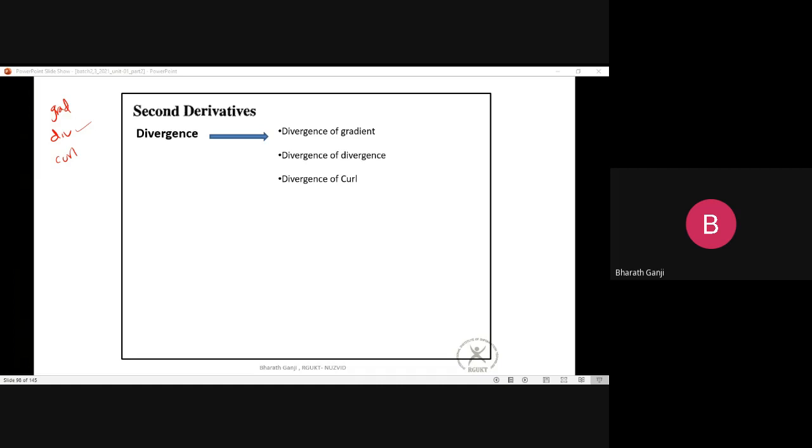Okay. So divergence of divergence, I can see that it is not a possible one. Why is divergence of divergence not possible? Anyone?